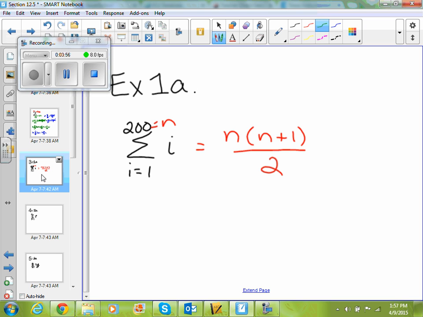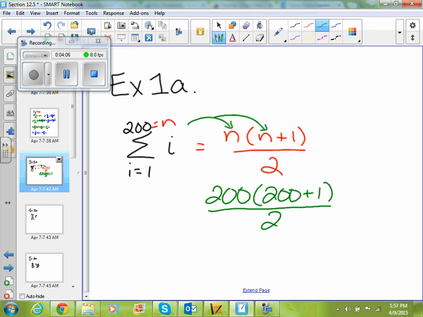So if I plug in 200 for both of my n's, I get 200 times 200 plus 1 divided by 2. So I get 200 times 201 divided by 2. And you guys are going to have to tell me what that is.